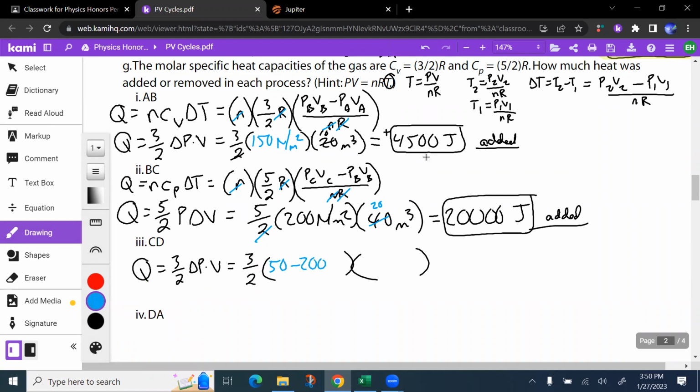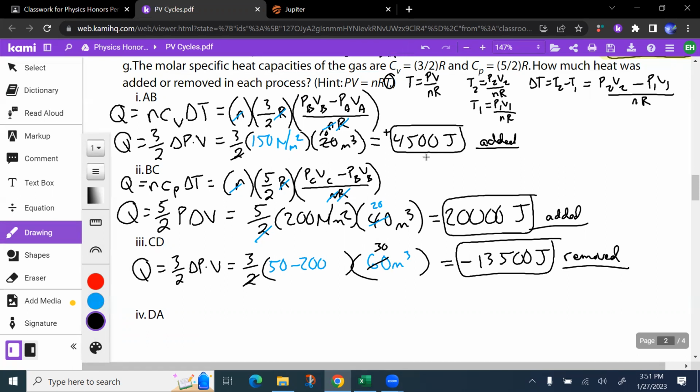That's negative 150, times the volume of 60 cubic meters. Half of 60 is 30, and 150 times 30 would be 4,500, times 3 would be negative 13,500 joules. Since the answer is negative, heat is removed during this process.